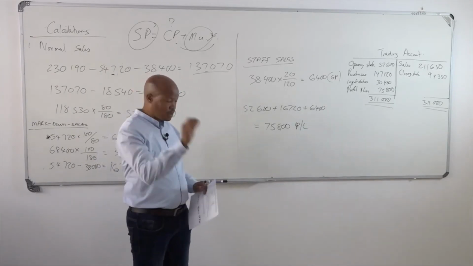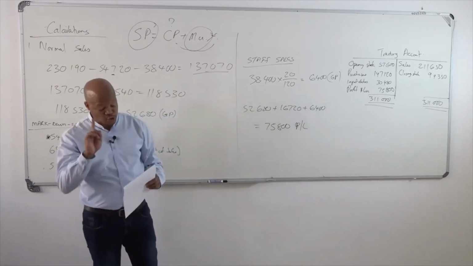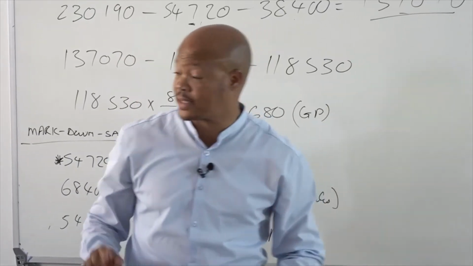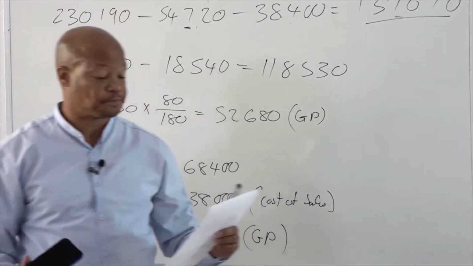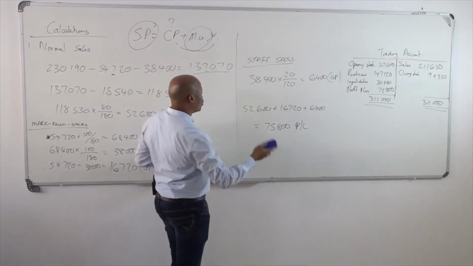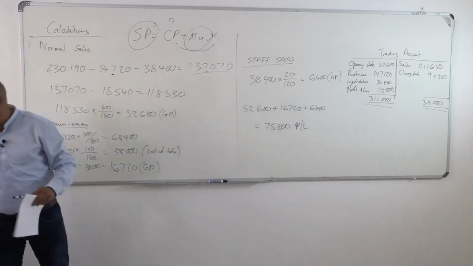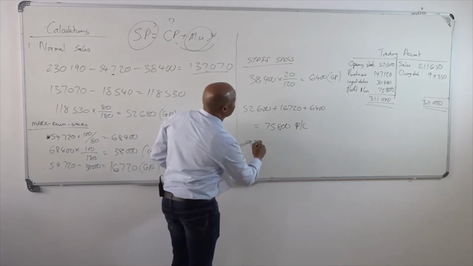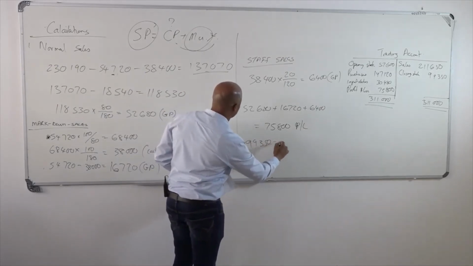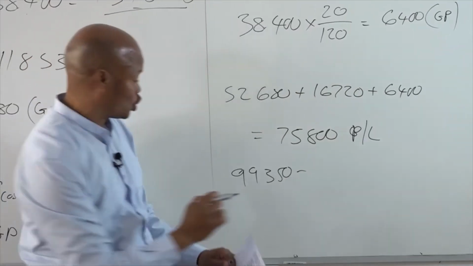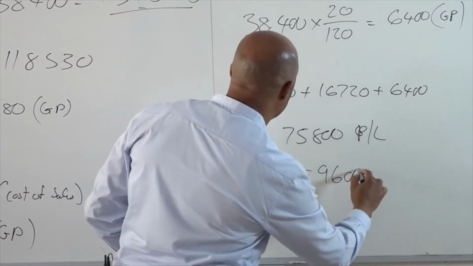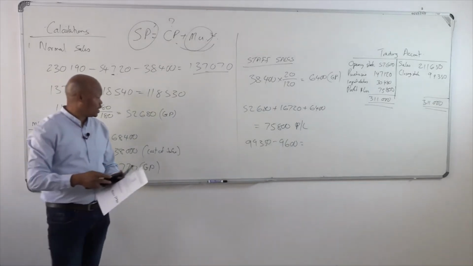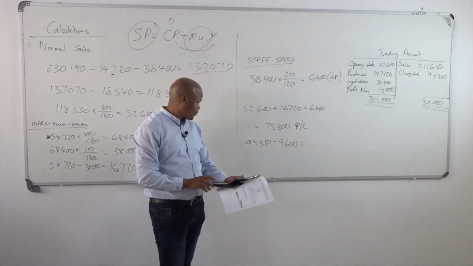99,350. Now, if you remember at the beginning of the lesson, I said you need to circle the 9,600 of the stock that was not stolen, that was left behind. So you need to show we've got 99,350 less the salvaged stock of 9,600, and that's the amount that we're going to present to the insurance company for a claim.